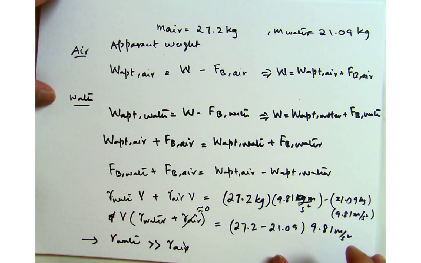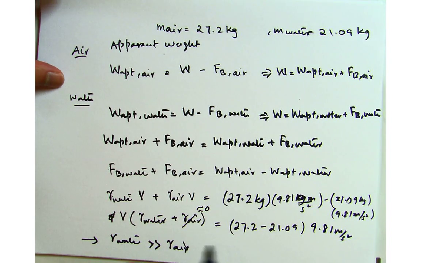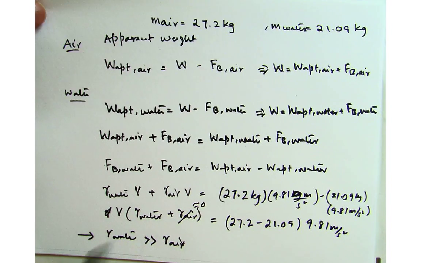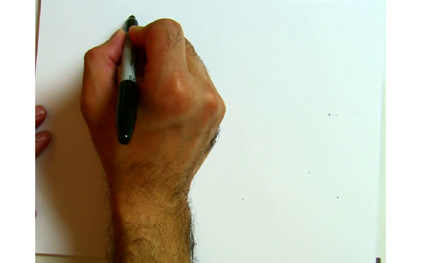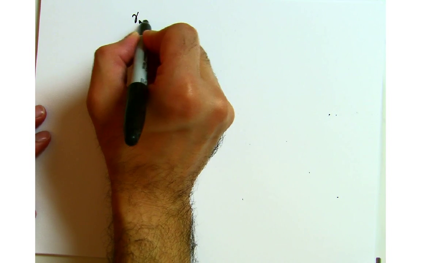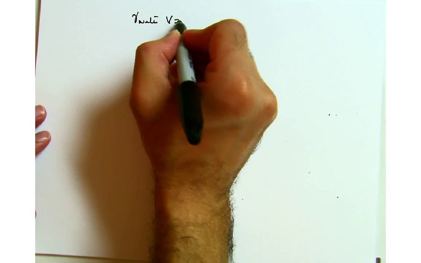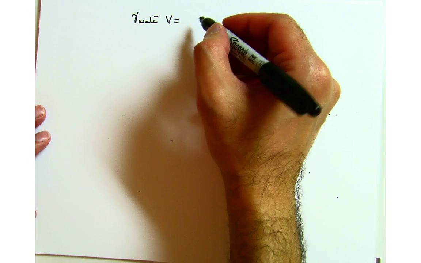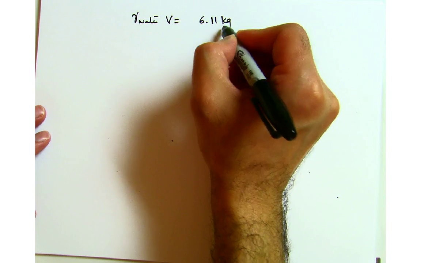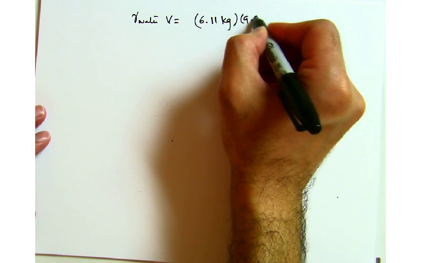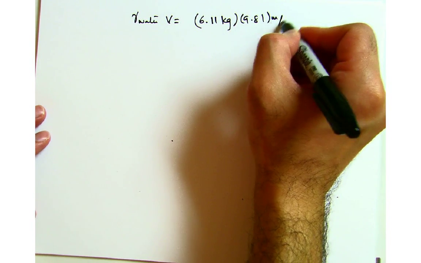As engineering students or as engineers, we can make this assumption, because it really does not change the solution that much. So I can write gamma of water times the volume is equal to 6.11 kg times 9.81 meters per second square.